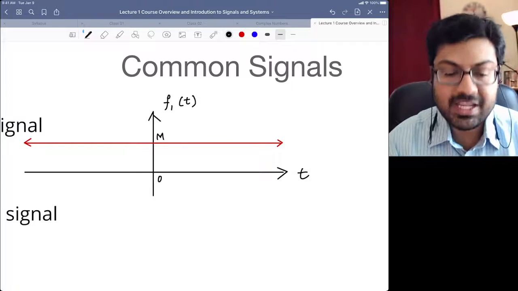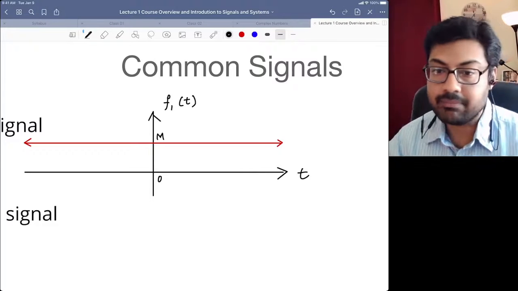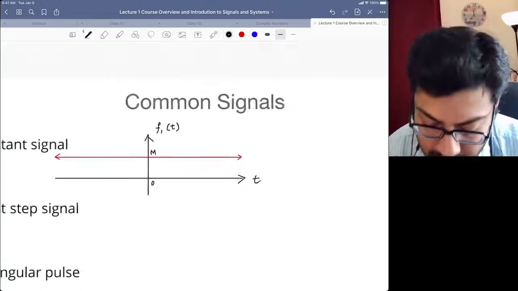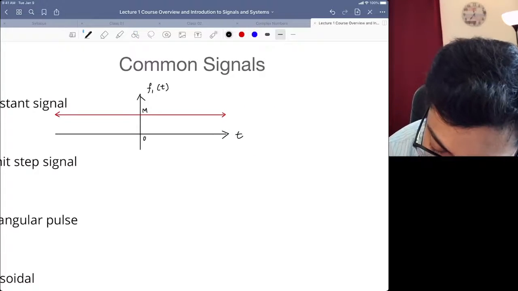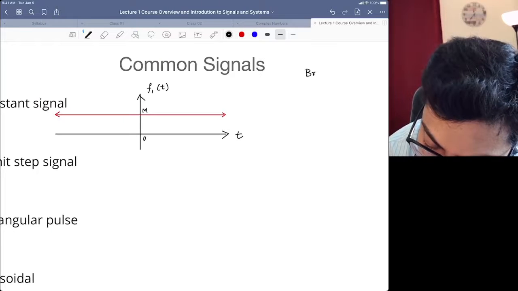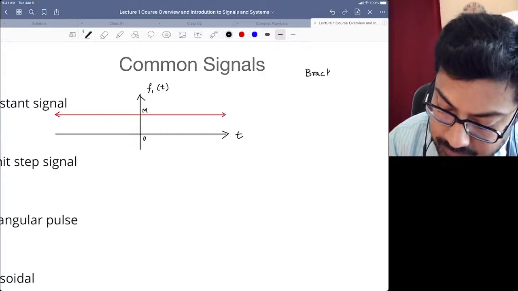So f1 of t equals m for all time. That's a constant signal. Nothing interesting, but I'm also going to write the bracket notation, also called piecewise notation for the signals.